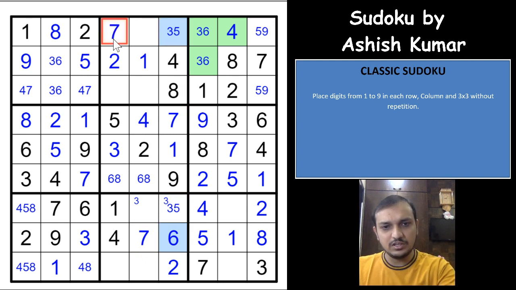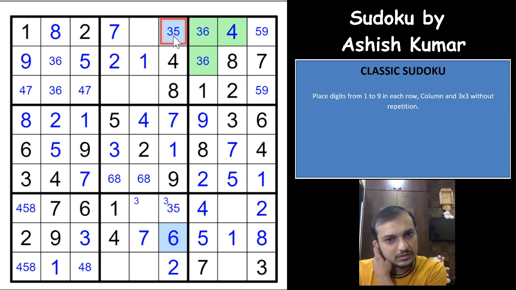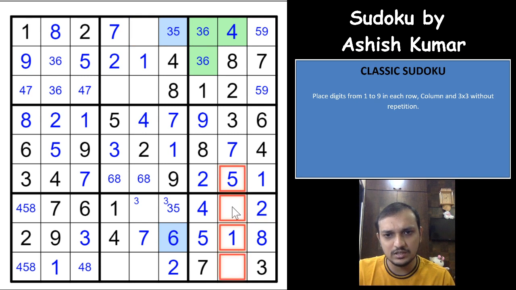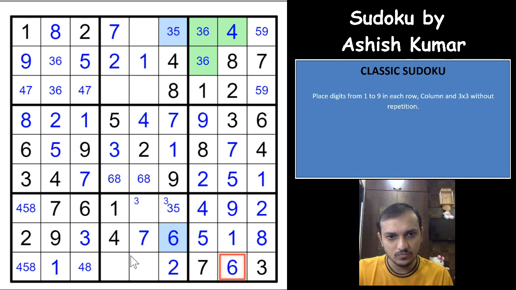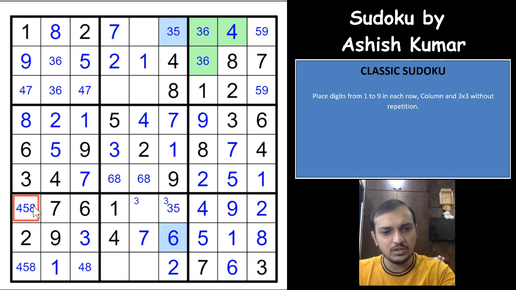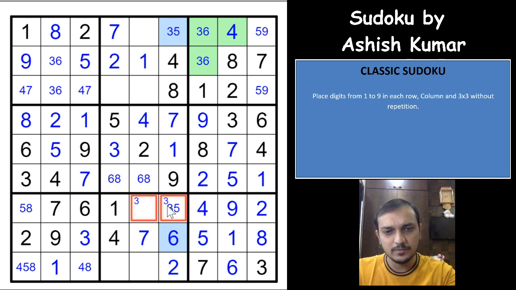Okay, you have a 7 here in this box. 3 4, 3 5, 3 6 and 9. Okay, you have a 6 and 9 here, so this is 9, that is 6. 4 cannot be here, 3 5 and 8, right?